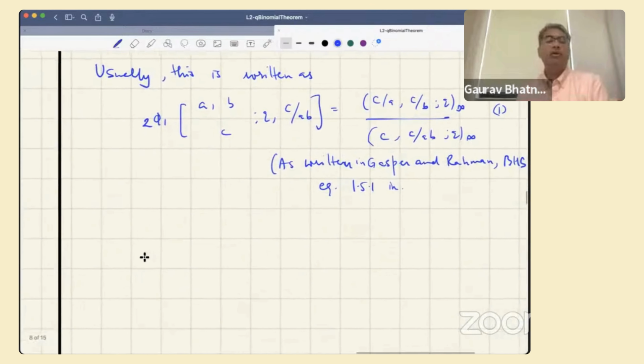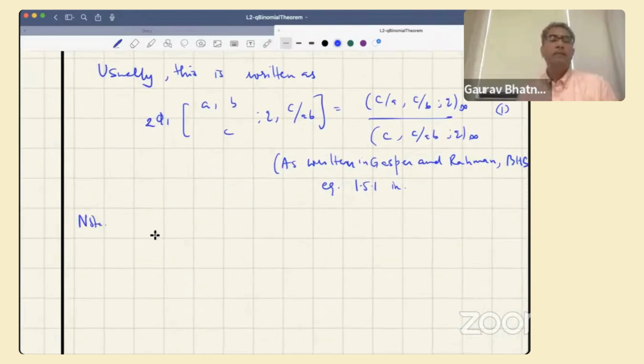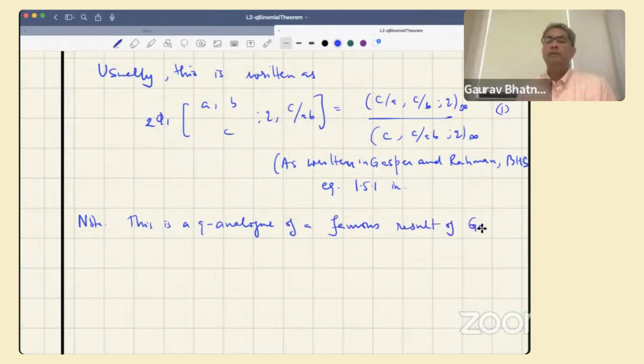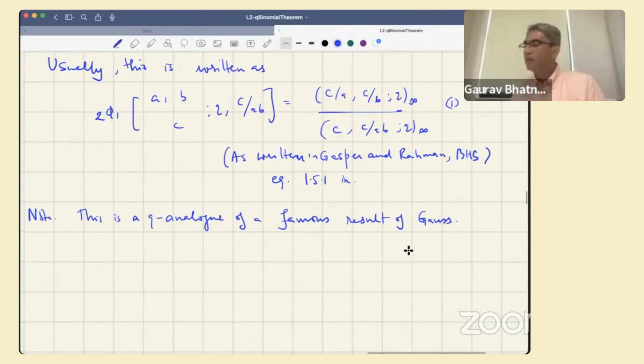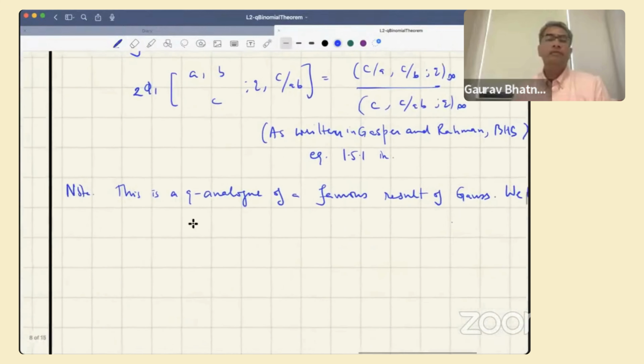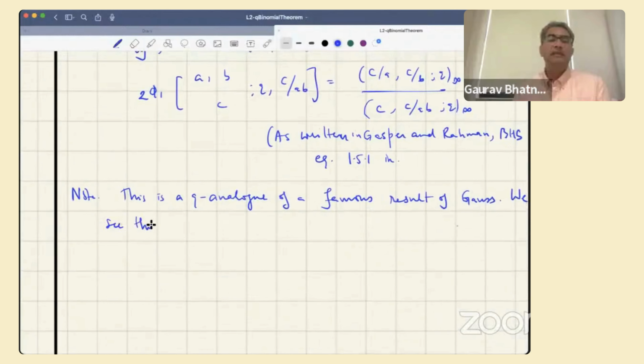It's a q analog of a famous result of Gauss. So Heine wrote a paper to generalize Gauss's paper about 100 years after Gauss, and we will learn this. We will see this when we learn how to take limits.